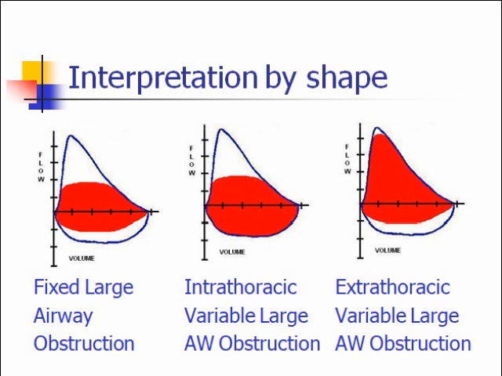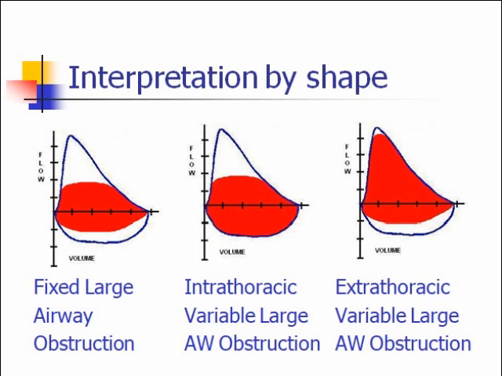And this causes that flattening of the expiratory loop, and the obstruction is seen in tracheal malacia and also tumors. Tracheal malacia may cause weakening of the tracheal walls, causing them to collapse when we have forced expiration.